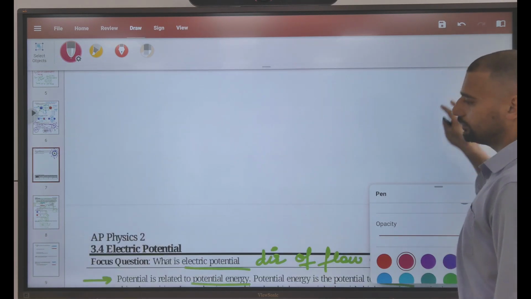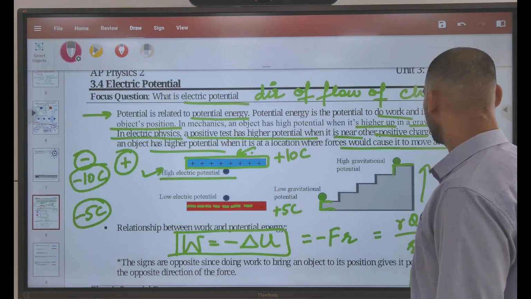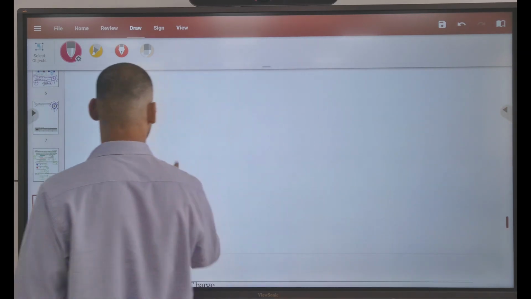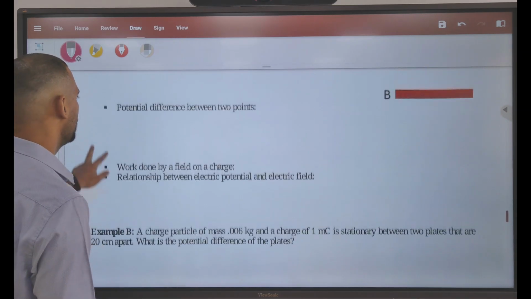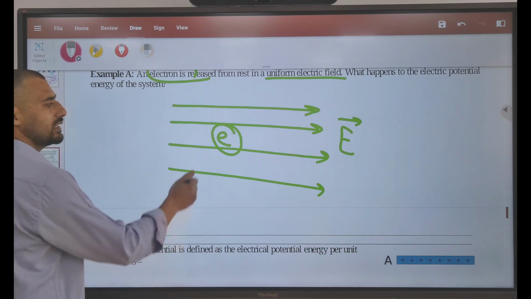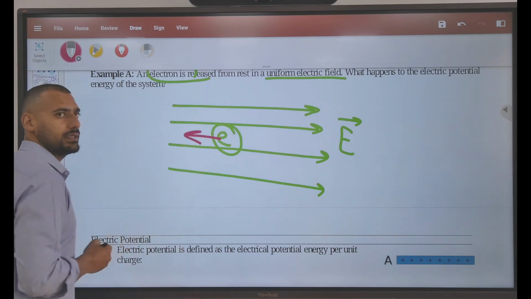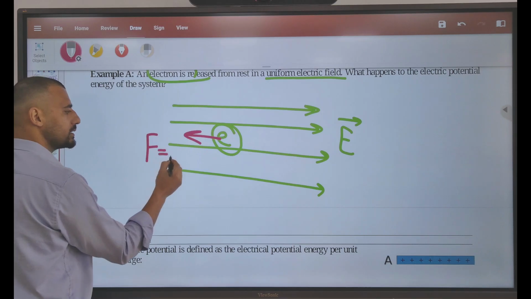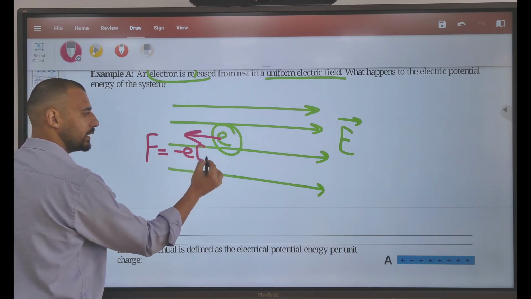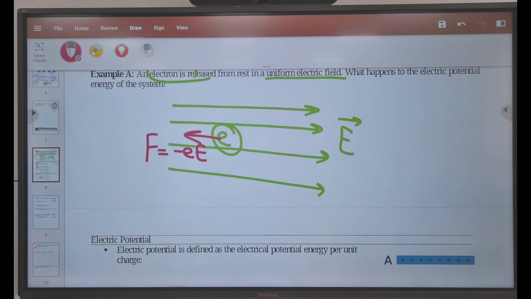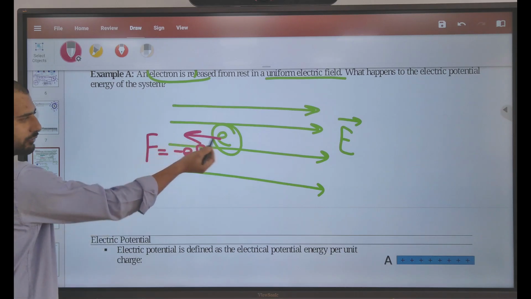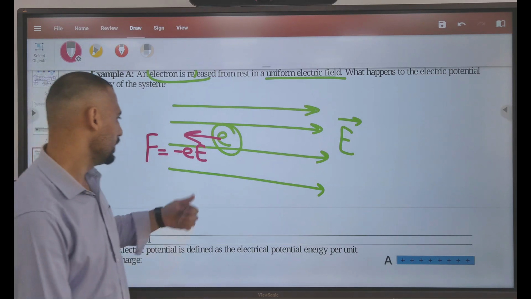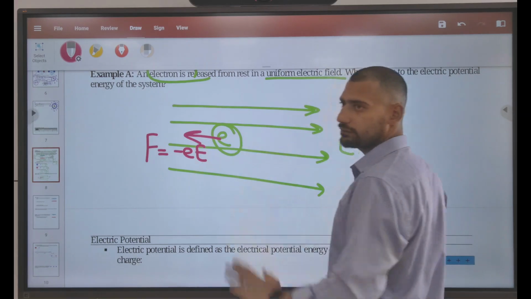Then it will go against the field. It will experience a force, something like this, against the electric field, and that force will be given by negative e multiplied by E. The field and then the electron. The electronic charge multiplied by the field, isn't it?